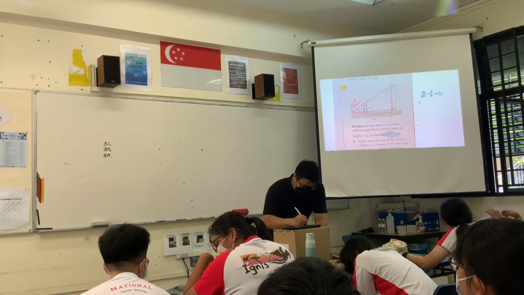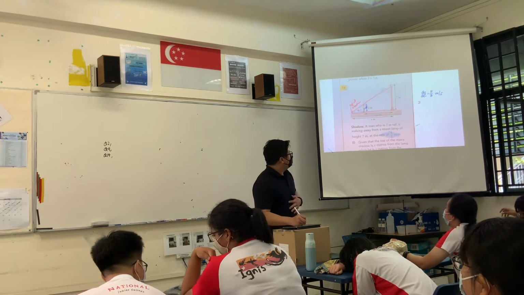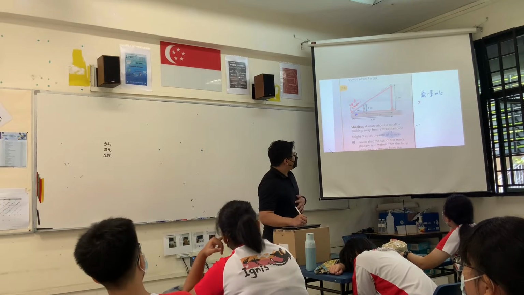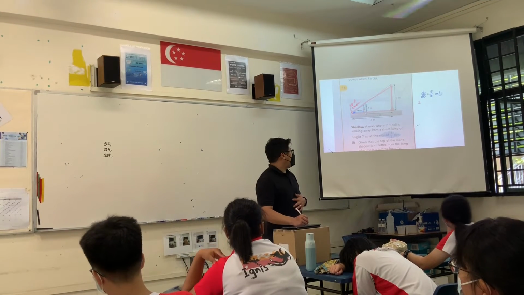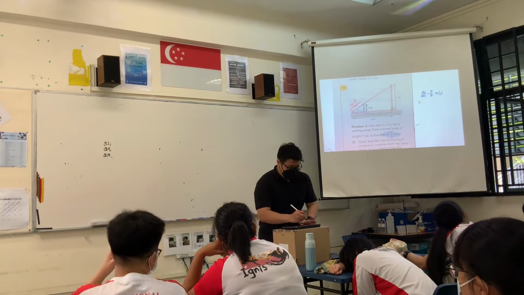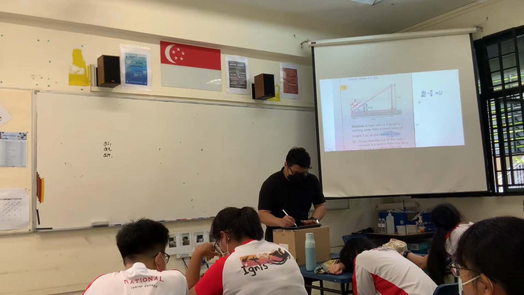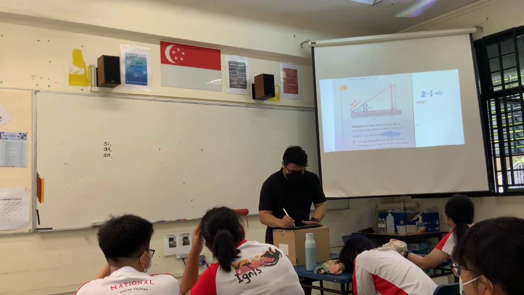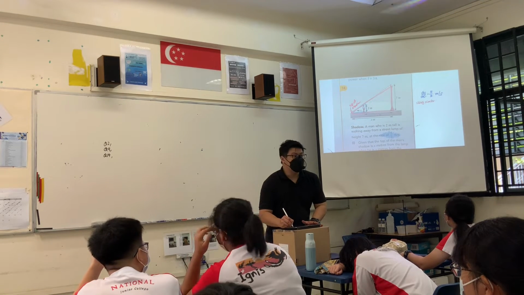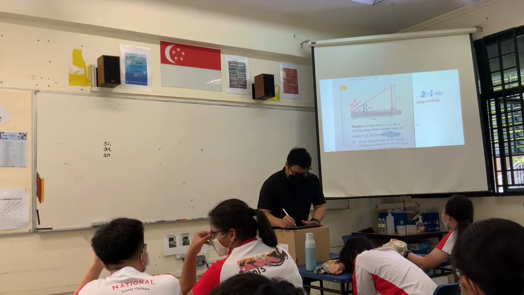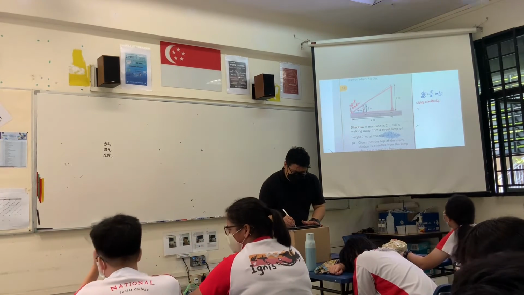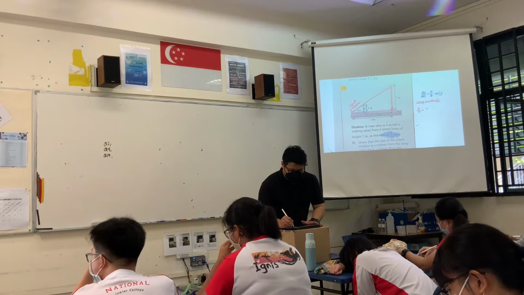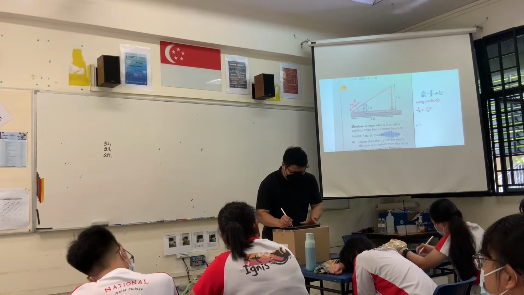So you can see if I use the blue triangle, 2 over 7 is the same as x minus y over x. So using similar triangles, 2 over 7 is the same as x minus y over x.